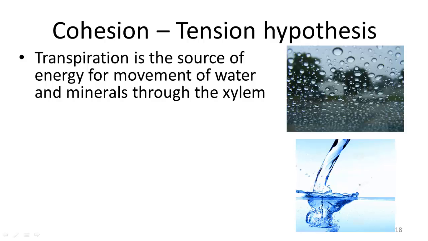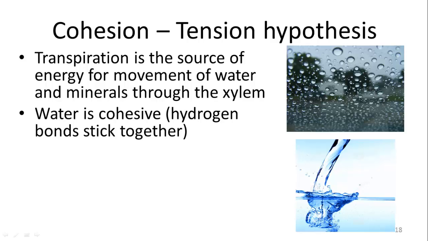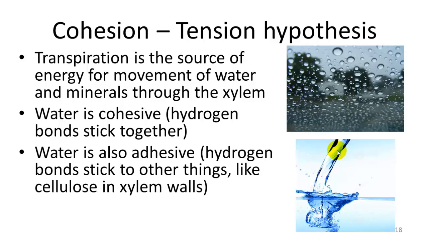Part of this bulk flow is aided by what's called the cohesion-tension hypothesis. Transpiration is the source, but it is aided by the cohesive properties of water. Water sticking to itself allows a continuous flow, or connection between water molecules, which allows it to continue throughout the plant.